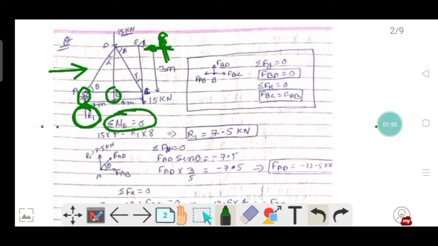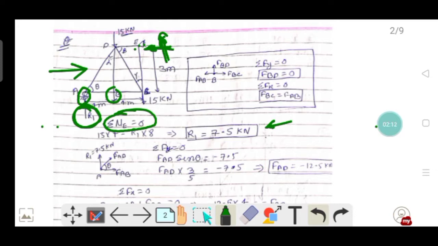By using the equilibrium equation, summation of moment about E equal to 0, we calculate R1 and get R1 equal to 7.5 kilonewton.